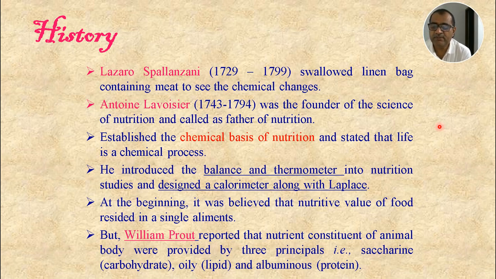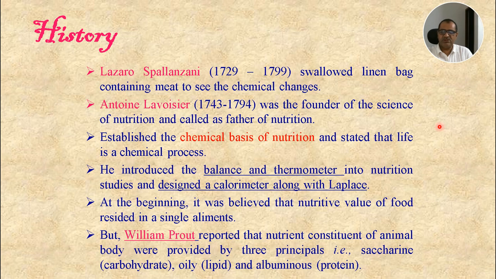But William Prout reported that the nutrient constituents of the animal body were provided by three principles. Number one, saccharine, or the sugar, the carbohydrate. Then oily, which means lipids; at present we call it lipid. Then the albuminous, or proteinous material.